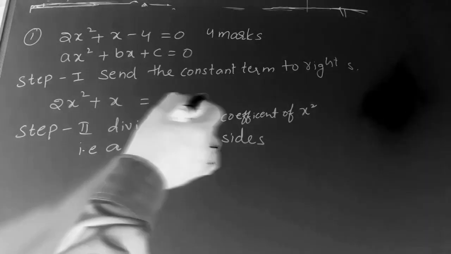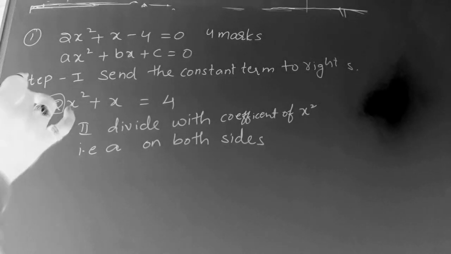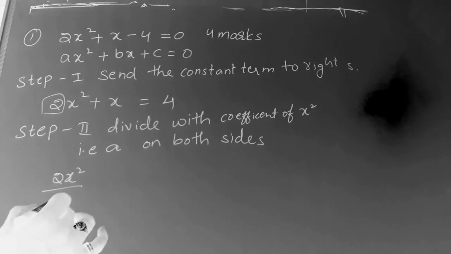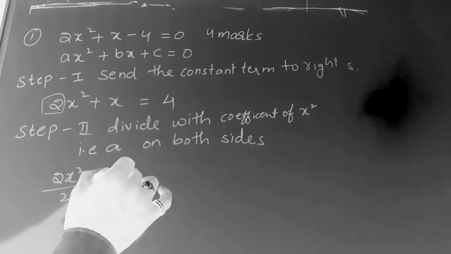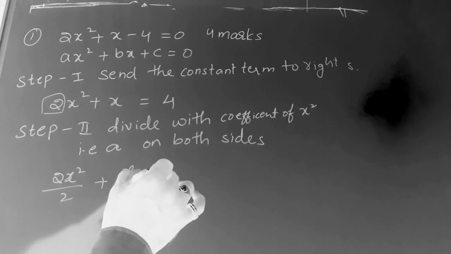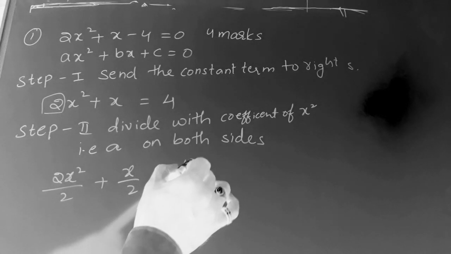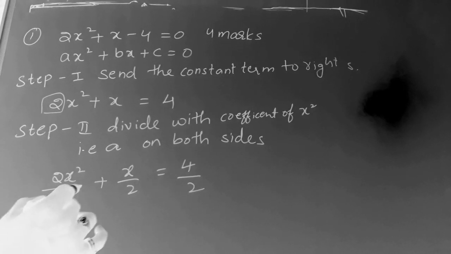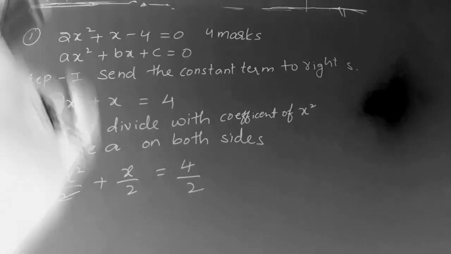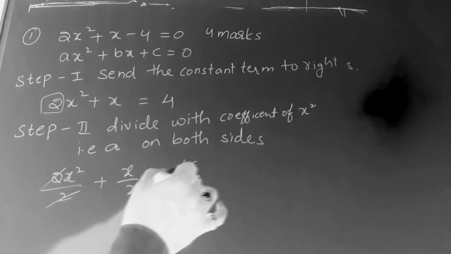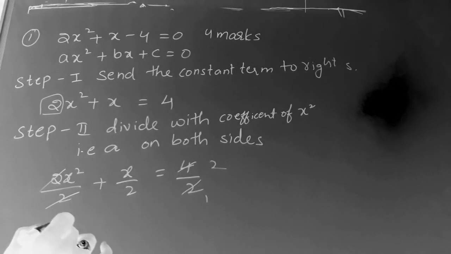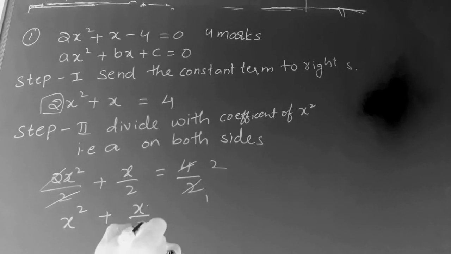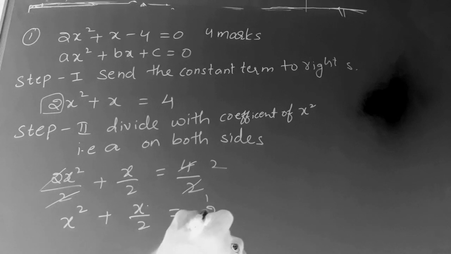So what is the coefficient of x square here? 2. Divide with 2 on both sides. So 2x square by 2 plus x by 2 is equal to 4 by 2. This is nothing but step 2. 2 gets cancelled. Finally I am left with x square plus x by 2 is equal to 2.